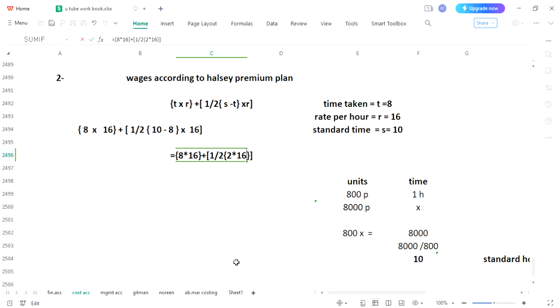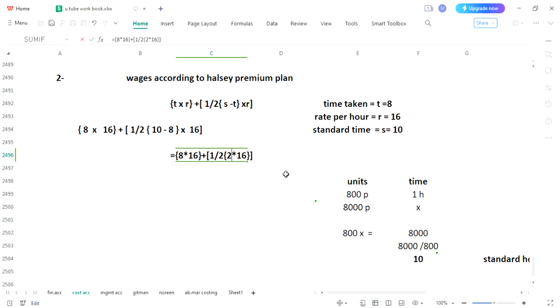No, there is nothing missing. We can calculate it separately if it is not working. Sometimes Excel does not cooperate in the way we want. 2 multiplied by 16. The formula, if you do not wish to use it, insert a single thread. Okay, unfortunately it is not working right now.